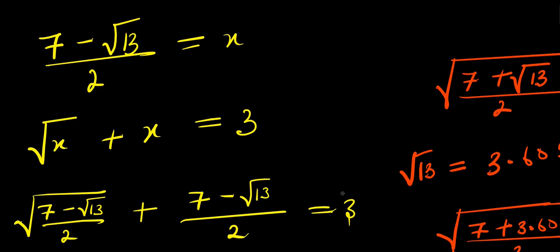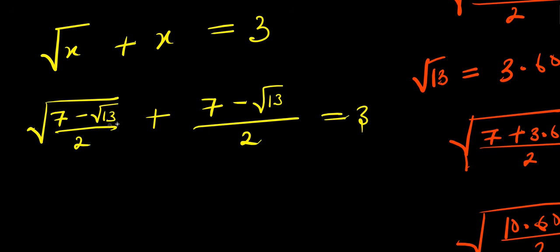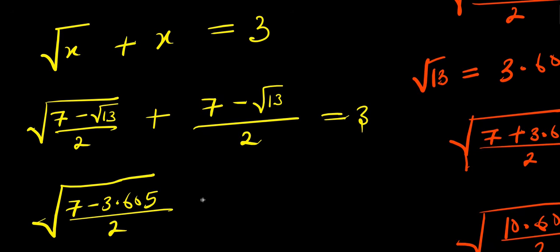So from here, what we are going to do is record the square root of 13, which is 3.605. So we have square root of 7 minus 3.605 divided by 2.